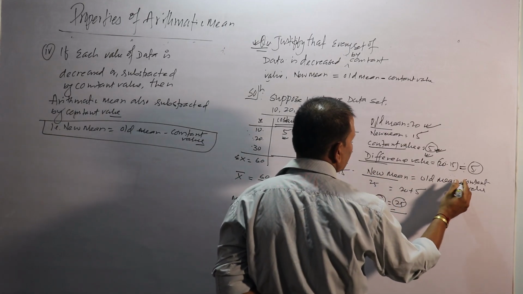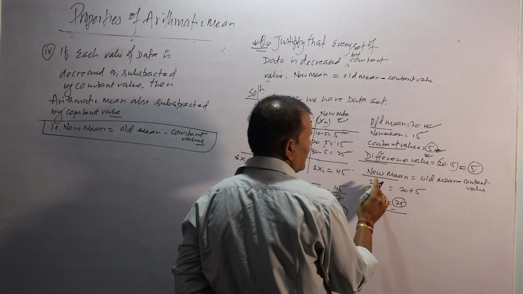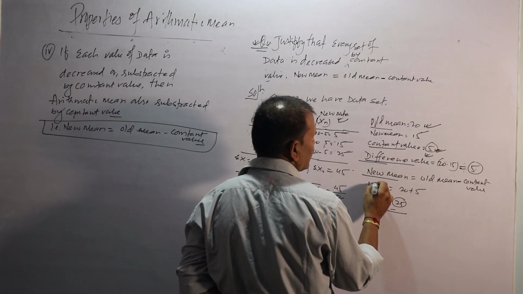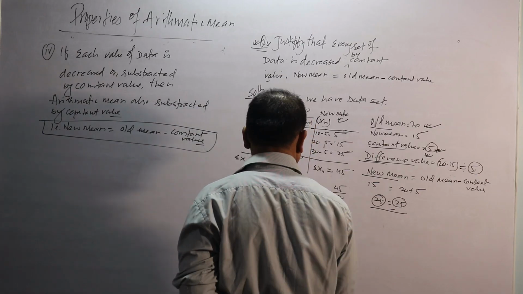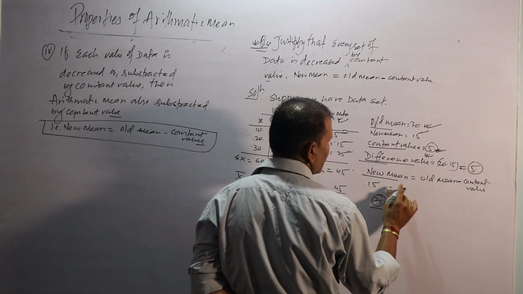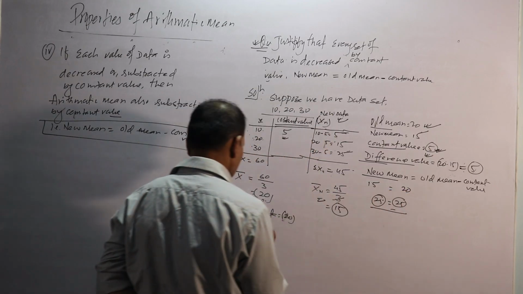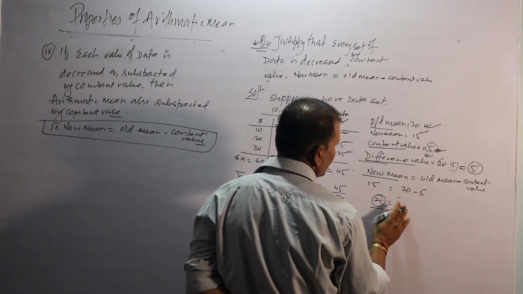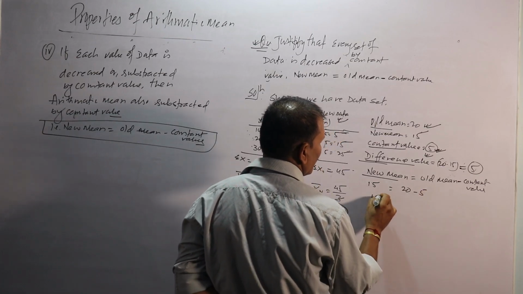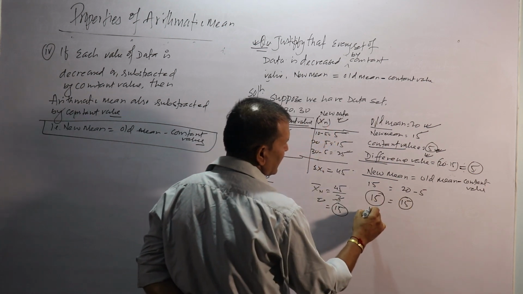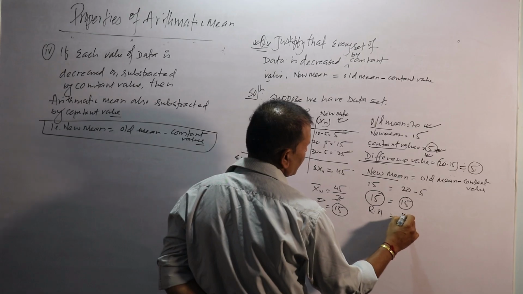Old mean minus constant value. New mean is equal to 15, old mean is 20, and the constant value is 5. So what we can draw is that 15 equals 20 minus 5, right hand side equals left hand side.